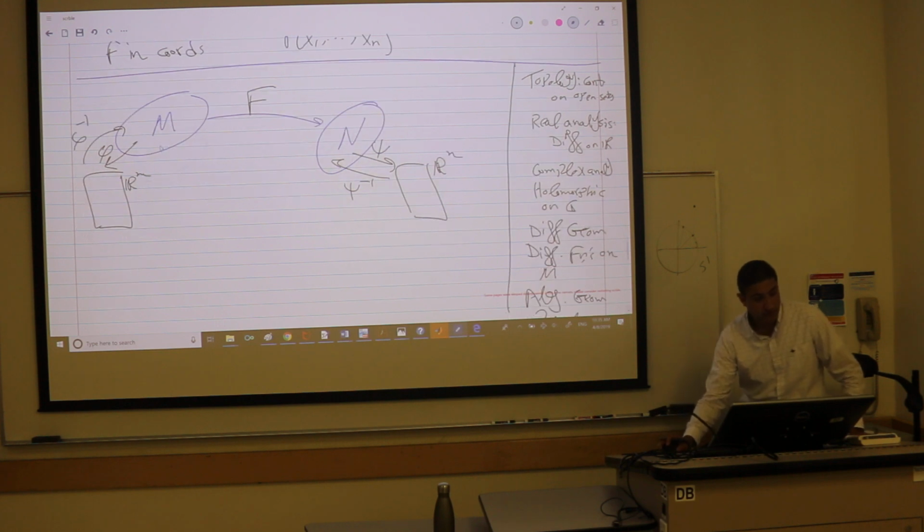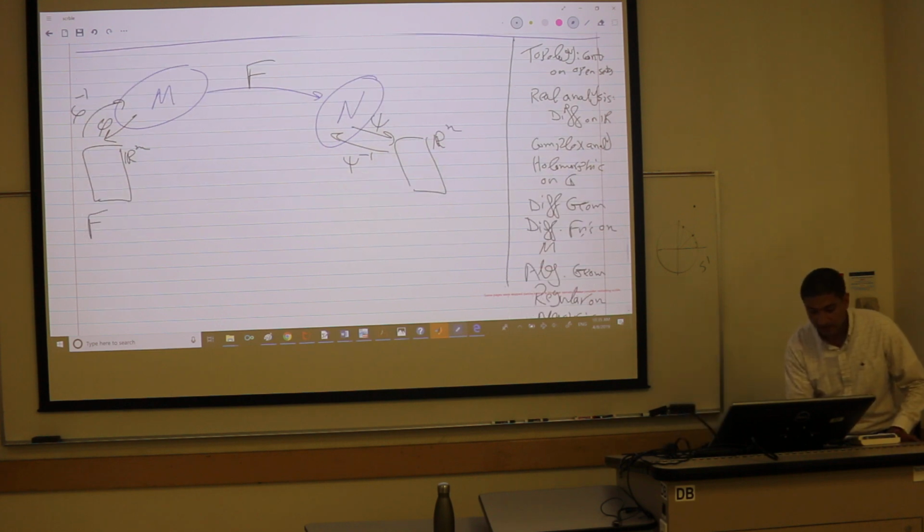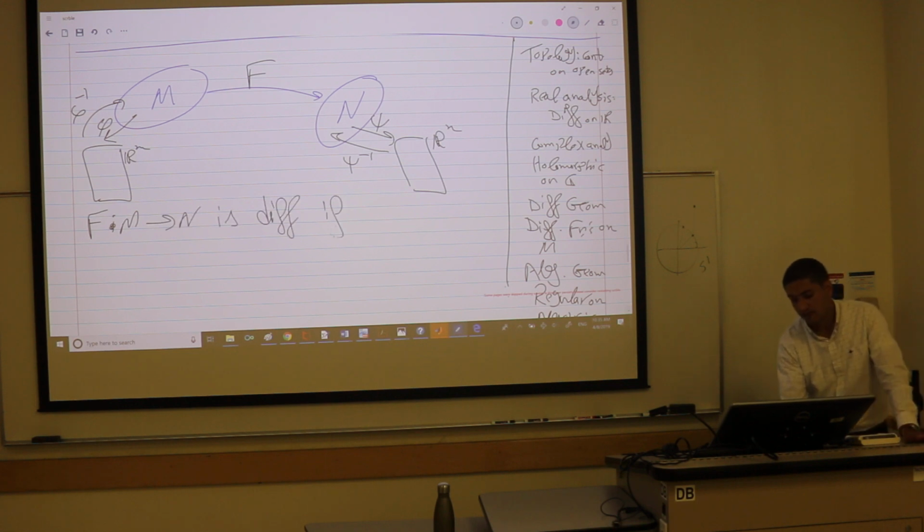Can you tell me how to define the differentiability of f? If f from M to N is differentiable, if what? Can you tell me? Any suggestion? Differentiable if what?